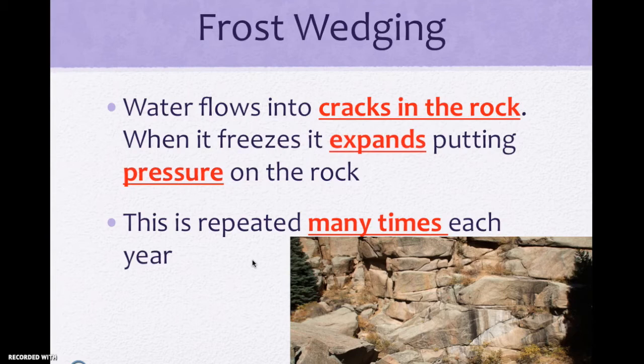Now, I don't know if you know this, but when water freezes, it expands. It's one of the reasons why ice floats on water. It expands and gets less dense. Okay? But when it expands, it increases in volume, and that puts pressure on the rock. And you do this again and again until the rock just splits open.